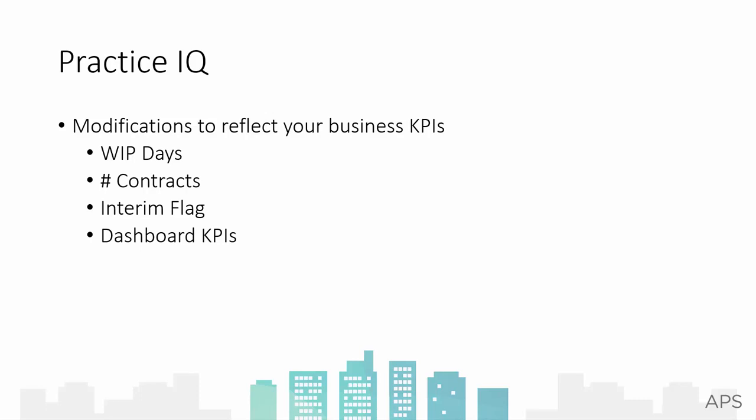Interim fee flags, so WIP aged can be aggregated by those matters in and out of contracts. Dashboard KPIs for your team members may need to be updated to reflect the change in focus as contracts are being introduced. Please contact APS to pursue changes to your Practice IQ solution to incorporate contracts.